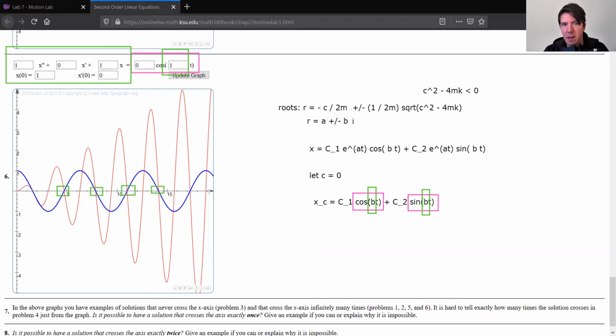Notice it kind of looks like the red curve is twice as frequent. So you'd want to choose it so the frequency seems the same, and then also that your initial values will work out. And I think once you have that, it should be in sync.